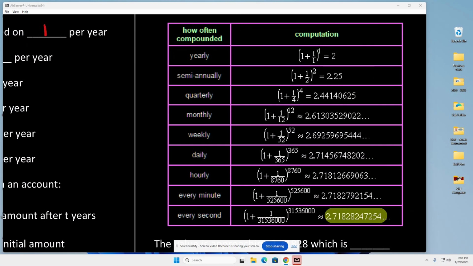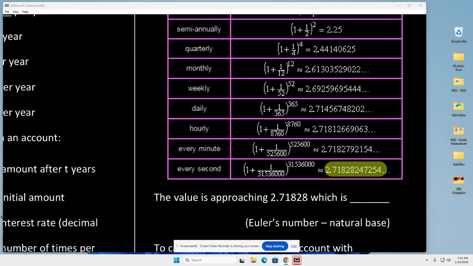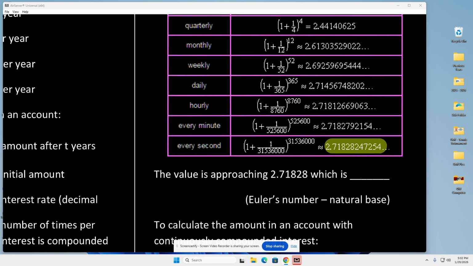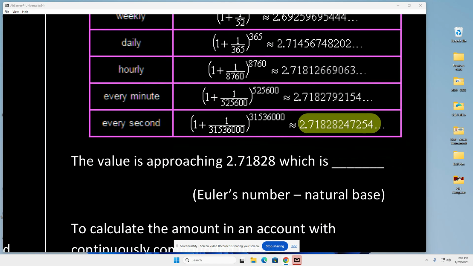Does that look familiar? 2.718282462. Does that look familiar? I hope it does. The more something gets compounded, the closer it moves to that mathematical constant we talked about called E, Euler's number. The natural base that we've talked about.